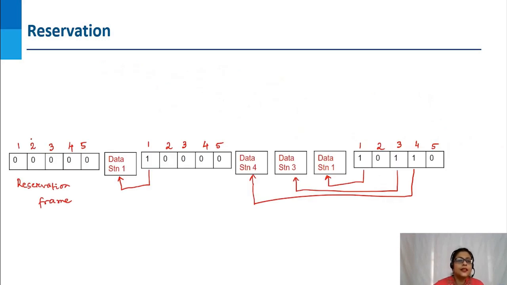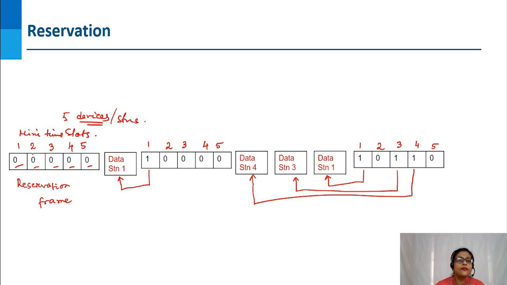So let's say this is the reservation frame and let's say there are 5 devices or stations that need to access the channel. This reservation frame initially will be all zeros and there are 5 mini time slots allocated for each device.